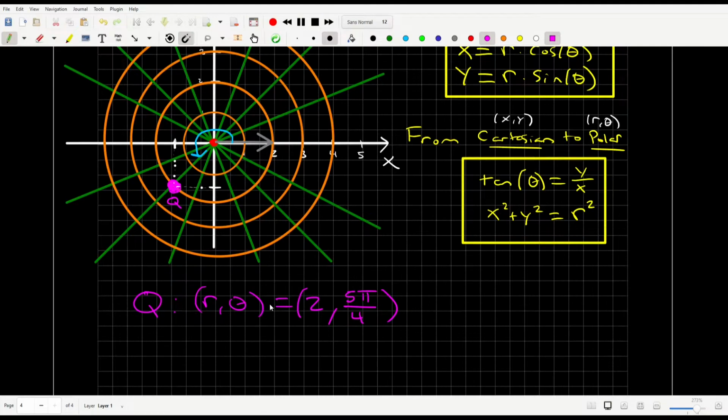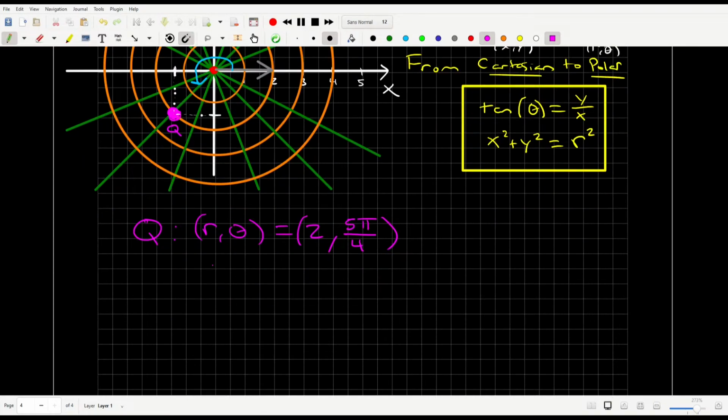Specifically, I can describe the polar coordinates of this point Q as -2, comma, pi over 4. Now, why is this? This is maybe something that you haven't seen before, but it's perfectly valid to do this.